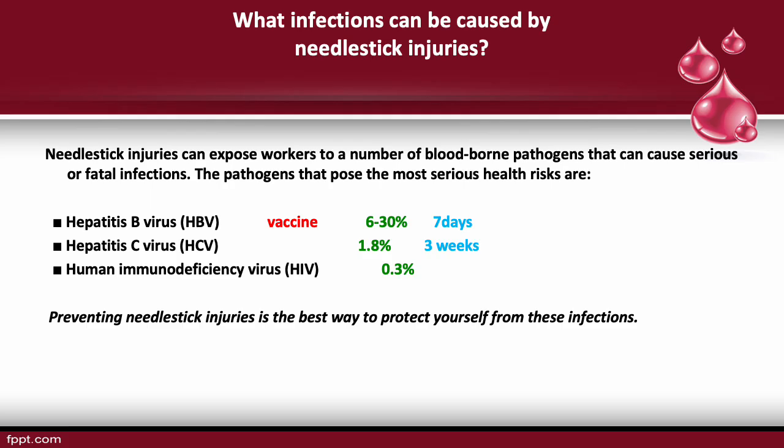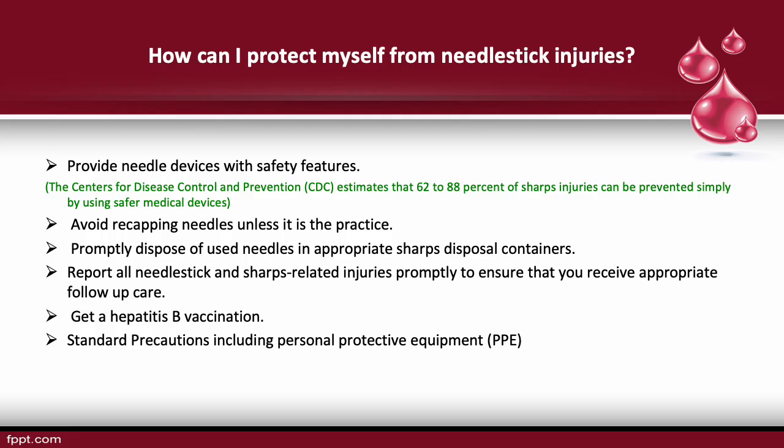So, the best way to protect yourself from these infections is by preventing needle stick injury in the first place. We'll revise some of the points to protect ourselves from needle stick injury. The most important thing is to avoid recapping needles, either by doing a one-scoop technique or using devices with safety features. The CDC estimated that 62 to 88% of sharp injuries can be prevented simply by using safe medical devices.